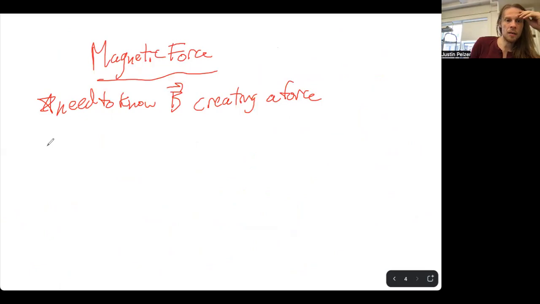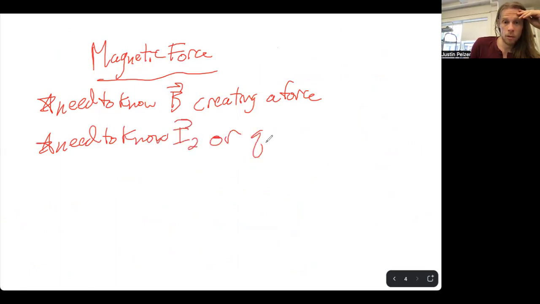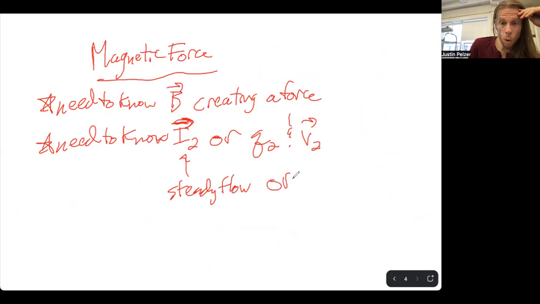We need to know B and we need to know I2, or Q2 and V2. In other words, we need a moving charge. You can either have a current, which is a steady flow, or a singular charge will still feel a magnetic force. It doesn't matter.